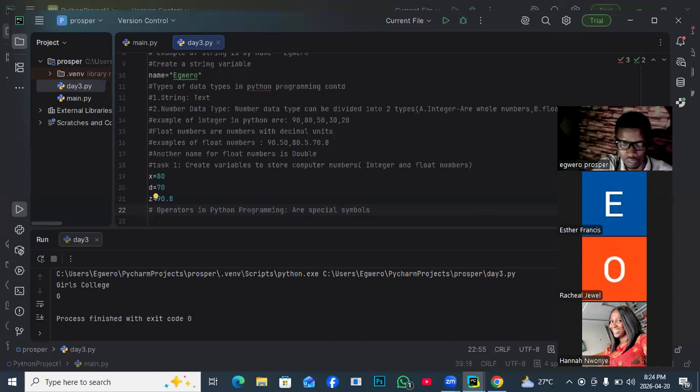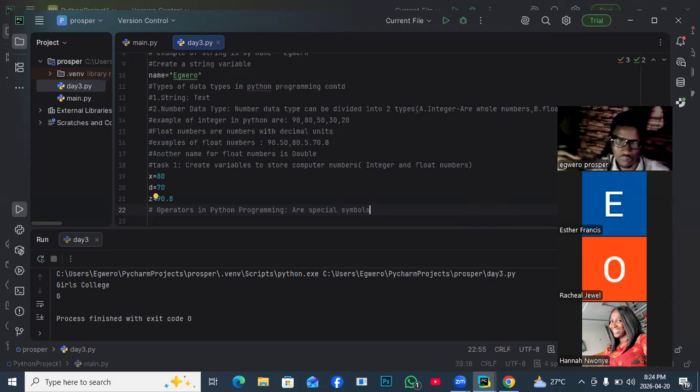Whenever you hear programmers using the word operators, what it means is a special sign or symbol used to perform different operations.